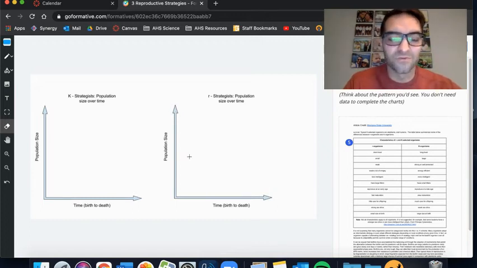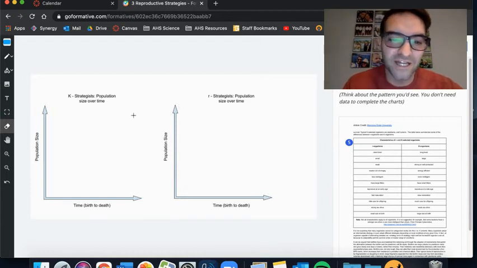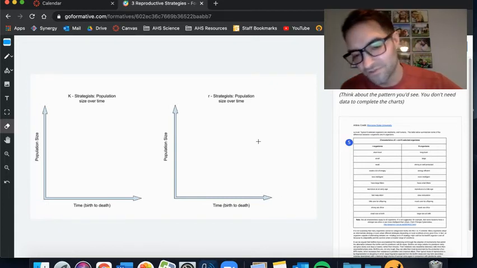You're going to be able to look at this chart and see what the population size would look like initially, how it would change over the lifespan of a generation, and then come to its conclusion. So both will end really here at the bottom. As you get here, we don't need to go way off the chart.